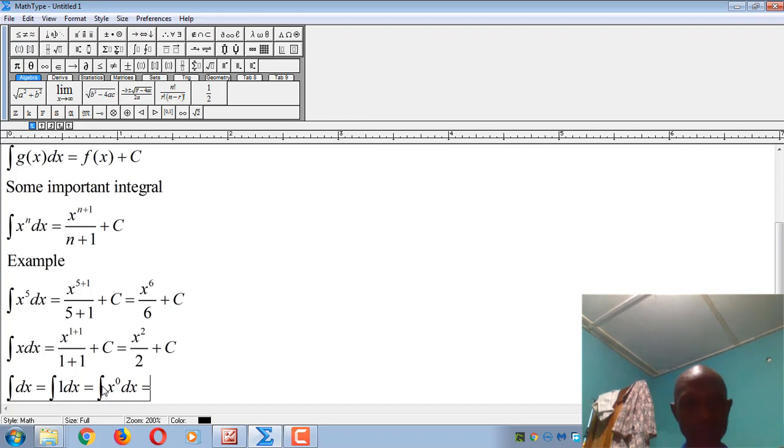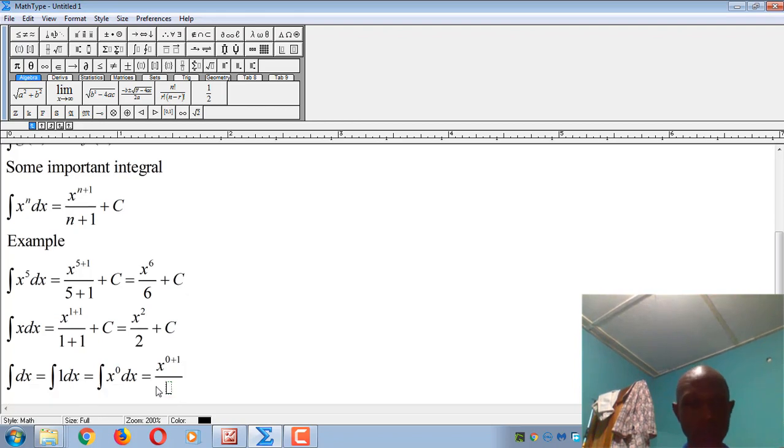We can now find the integral of x raised to the power of 0. Applying this simple integration formula, this gives us x raised to the power of 0 plus 1, all over 0 plus 1, plus c.